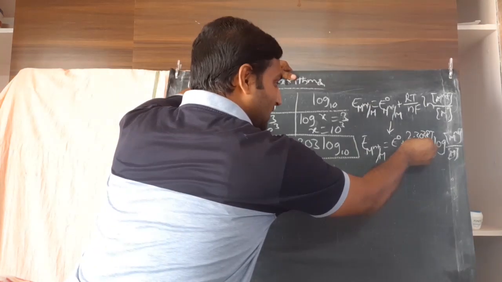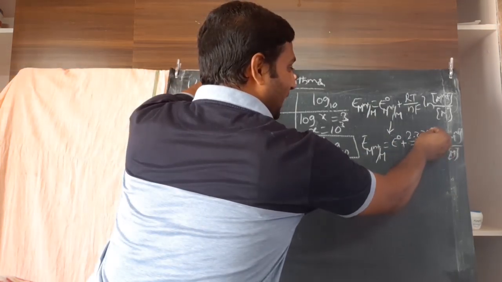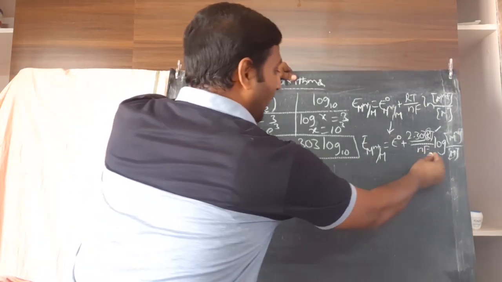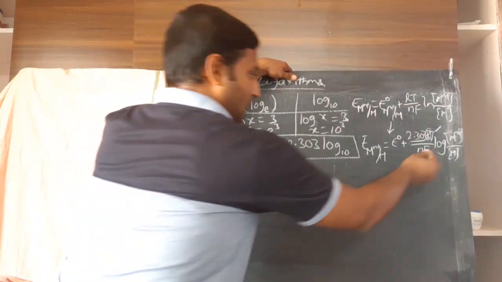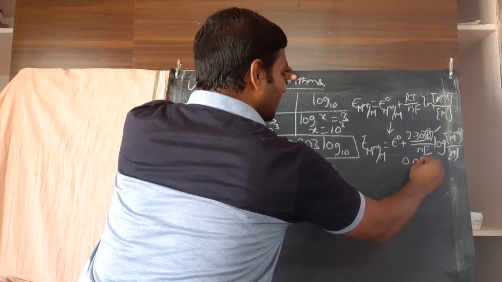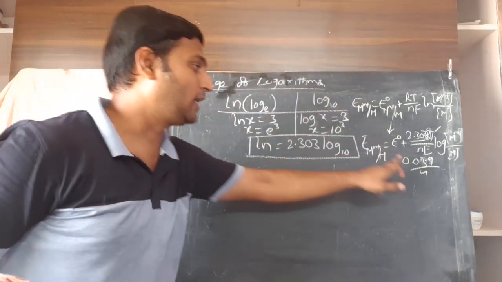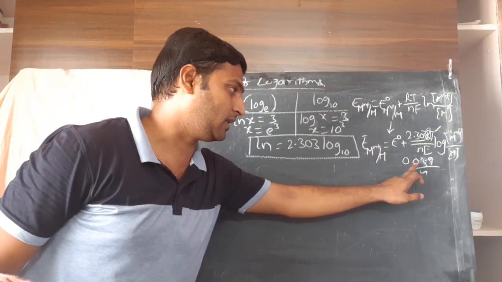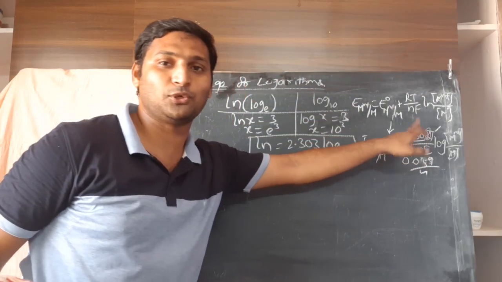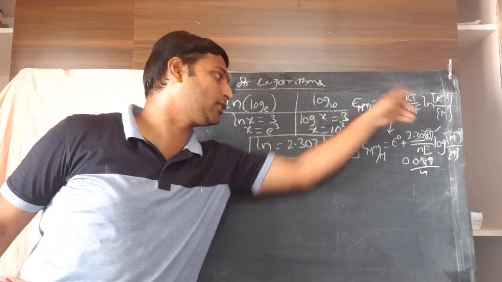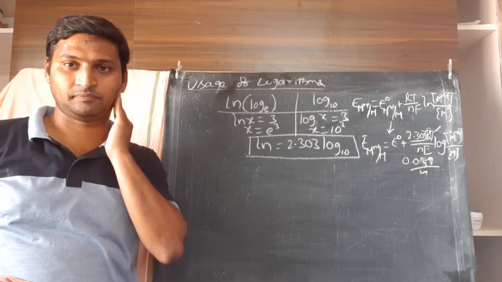After taking constant value of R, temperature as 298 Kelvin and Faraday as 96,500, this whole ratio you got was 0.059 by N. So to get 0.059 here, you had 2.303 also involved. That is a constant that is multiplied to convert natural logarithm to log to the base 10.